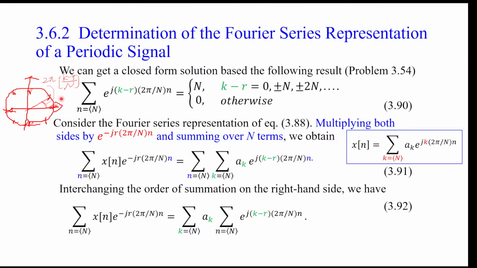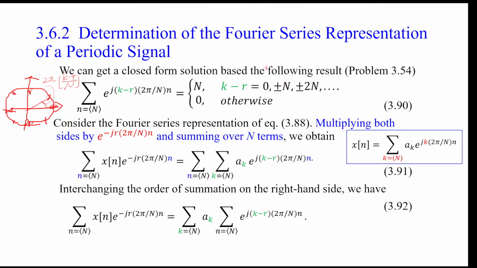So if you sum over n the complex exponential e to the j (k minus r) omega naught n, where omega naught is 2 pi divided by N, then this is N if k minus r is equal to 0. The N is obvious, because you are summing over a whole bunch of 1s. This complex number is 1 if k minus r is 0.